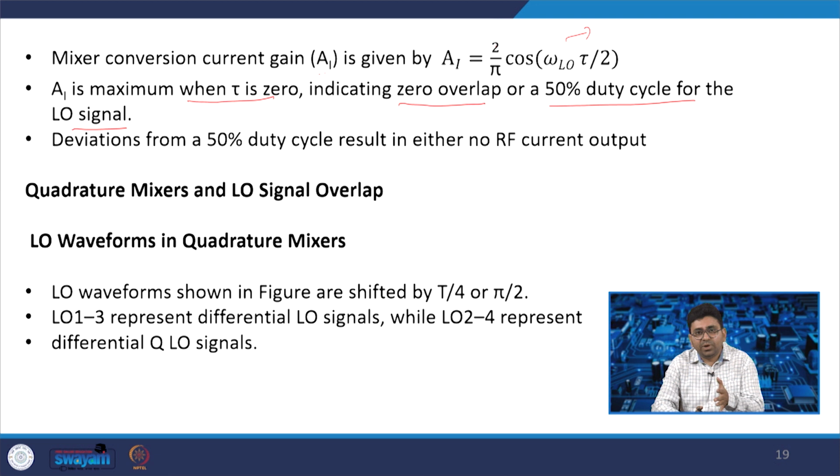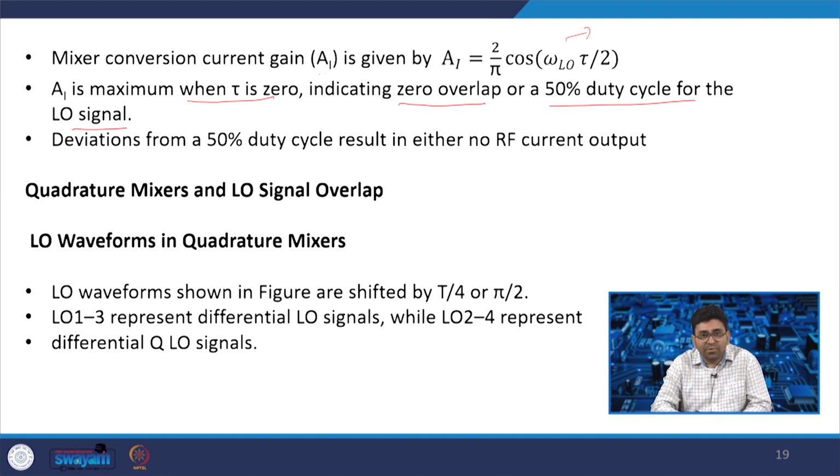There is also a self image, and an image exists due to the LO frequency chosen, either high or low side LO injection. We are able to reduce the image by using a quadrature mixer.